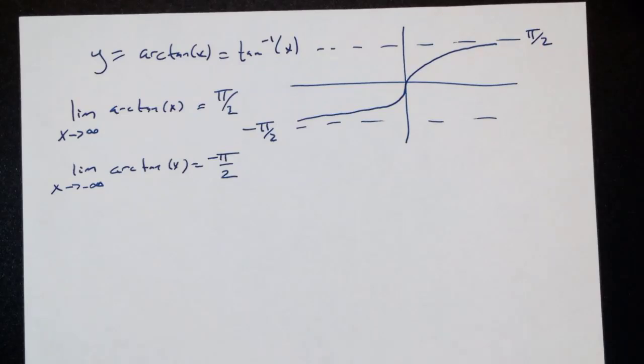So we have to be careful and make sure that we're talking about asymptotes on the correct side. Now, there is a distinct advantage to something like 1 over x minus 2.